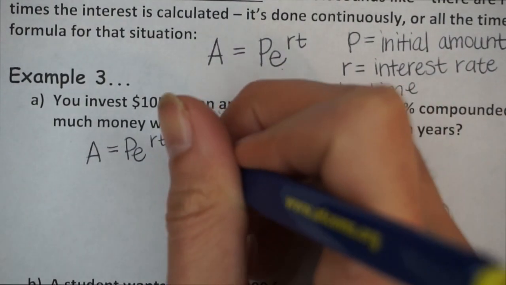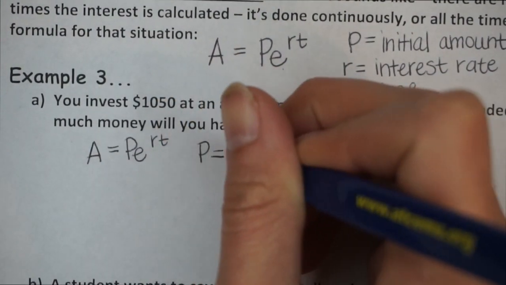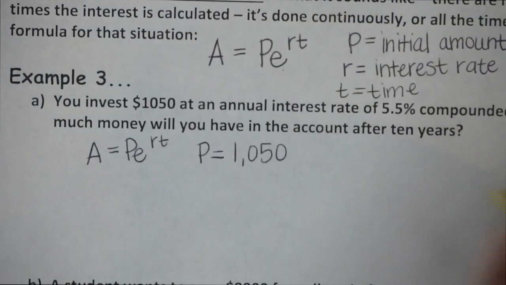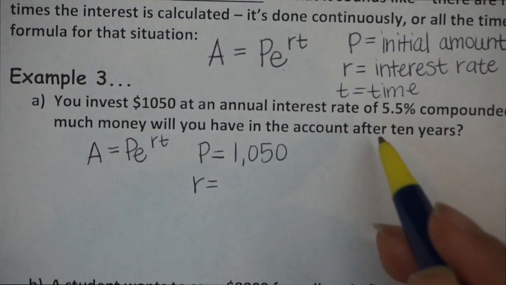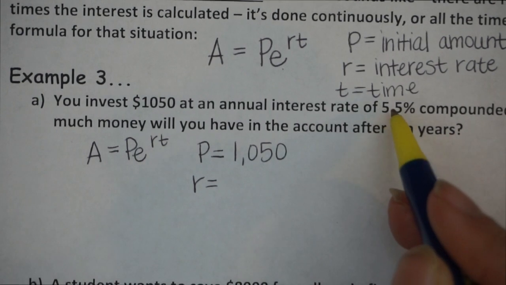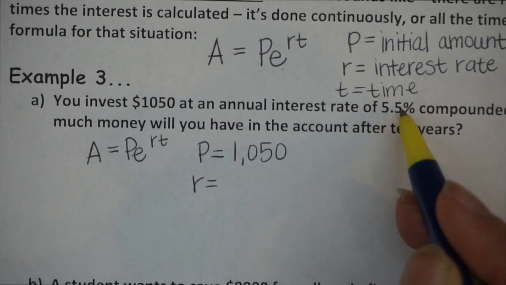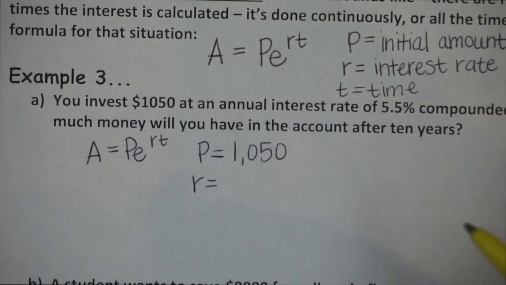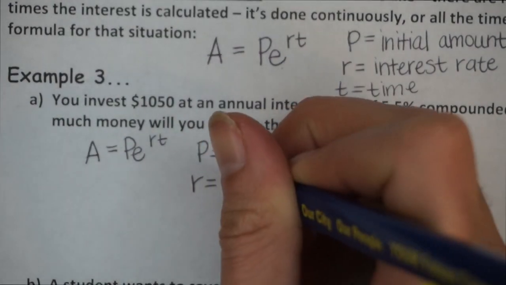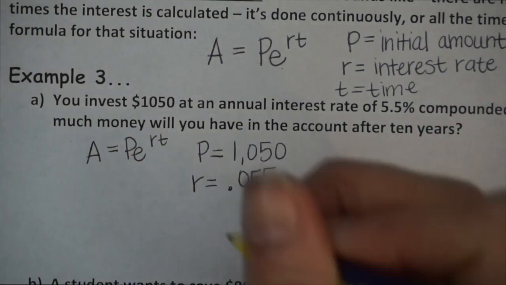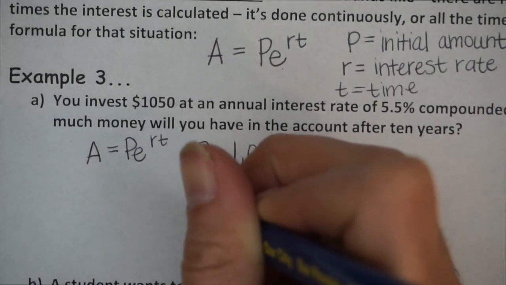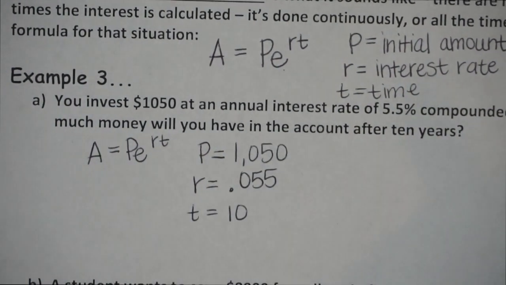P is the starting amount, so we plug in $1,050. The interest rate is 5.5%, but we need to write it as a decimal, moving the decimal place back, that would be 0.055. And then time is going to be 10 years because that's what they ask about.